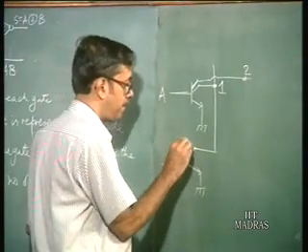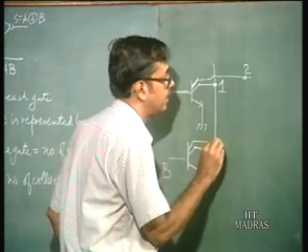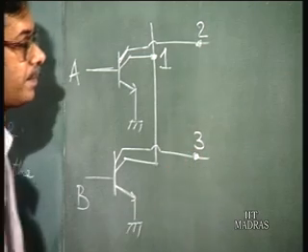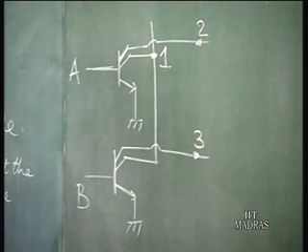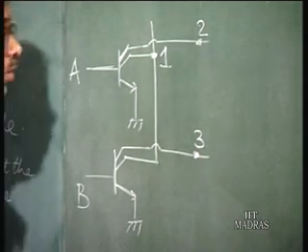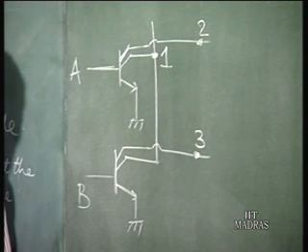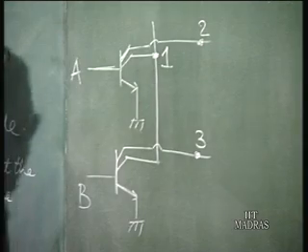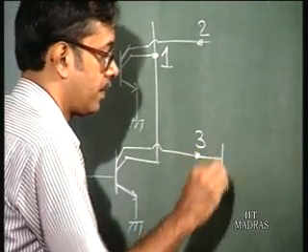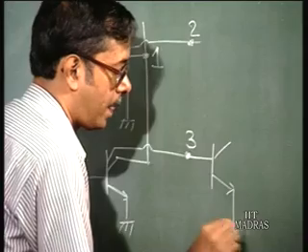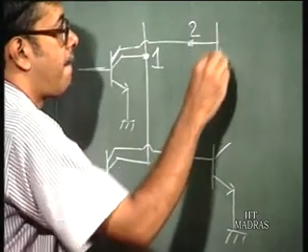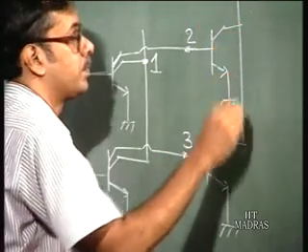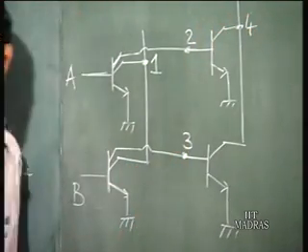Similarly, for gate 3, this is the node 3. Now, what about gate 4? It is a NOR gate. Again, the inputs are 2 and 3. So, this is 4.